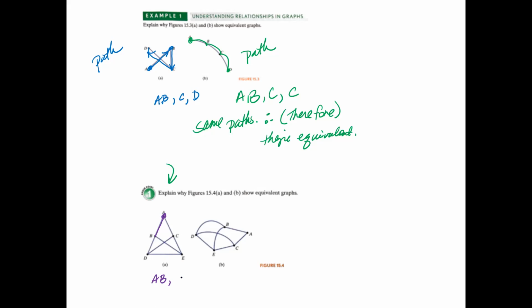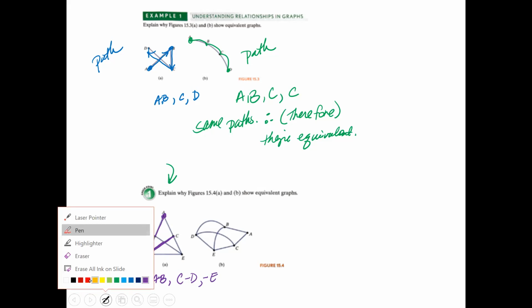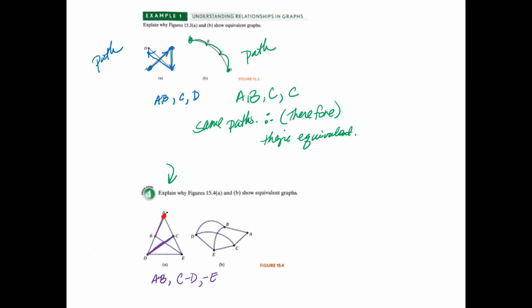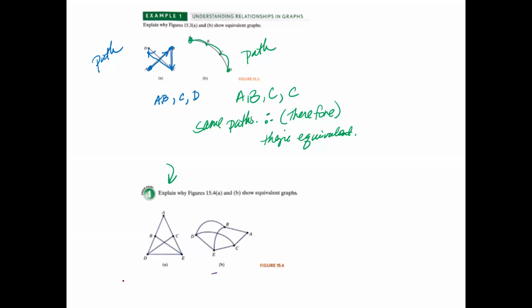You're going to go from A to B, then C to D, and then from D to E. Sorry, let's try this one more time. So I'm going to have A, B, C, D, E.